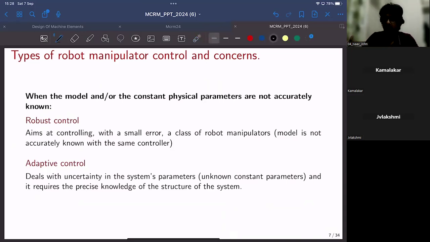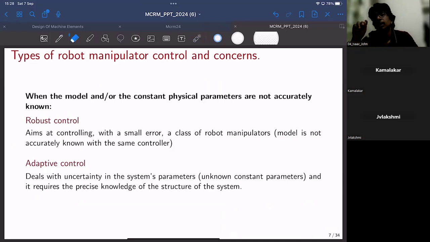For example, in the dynamic equations of motion of a robotic manipulator, we assume the parameters are constant: the masses of each link, the moments of inertia, the center of gravity are all considered constant in robust control.